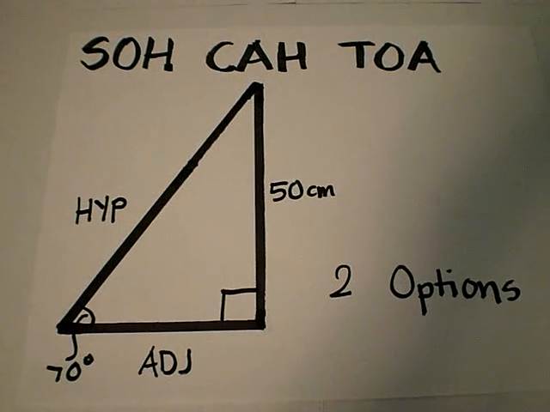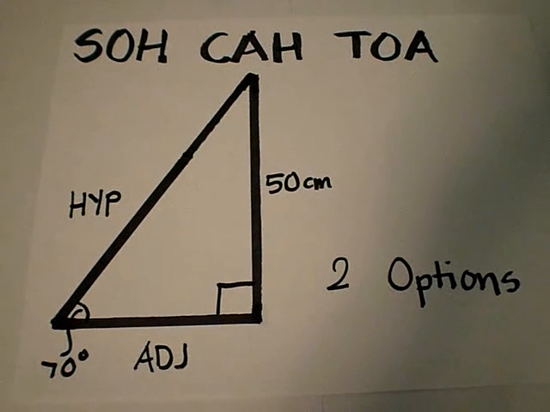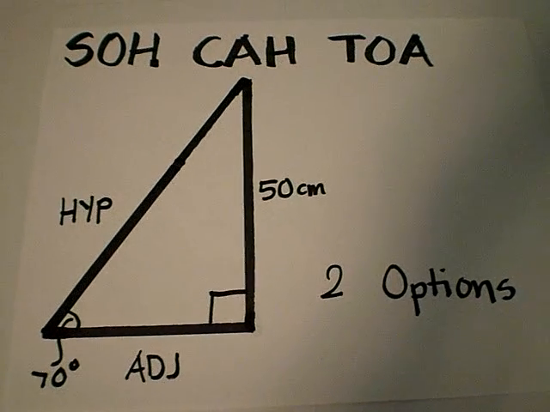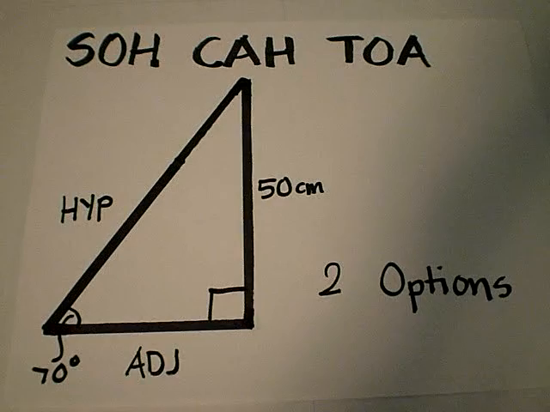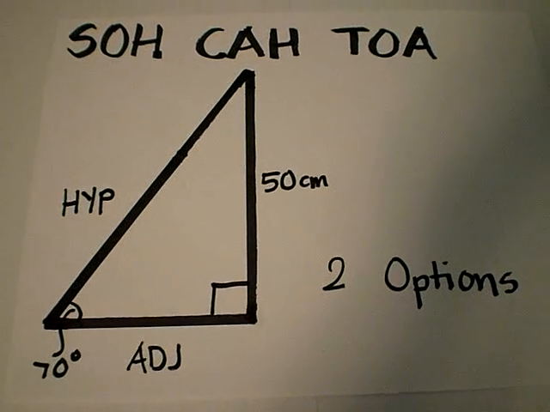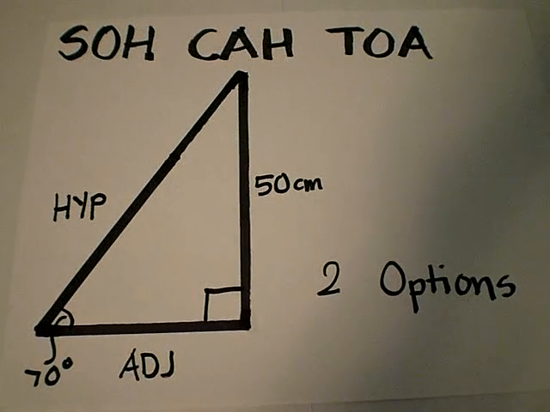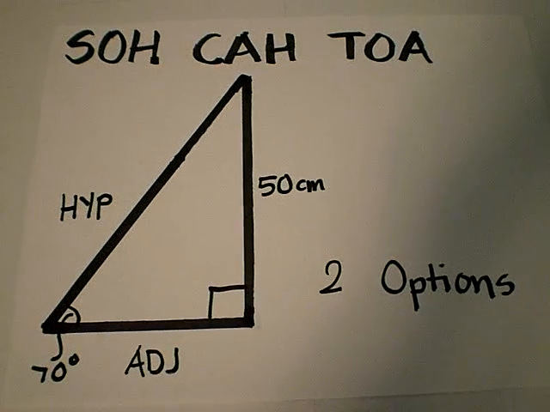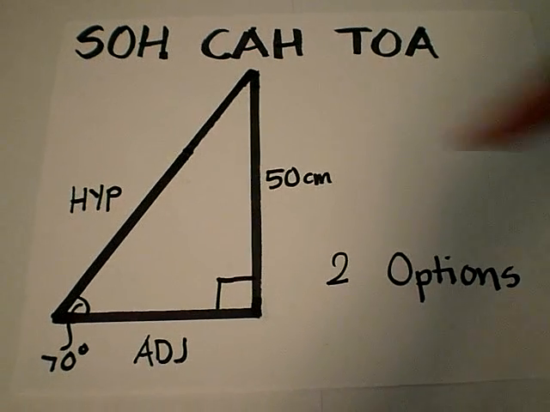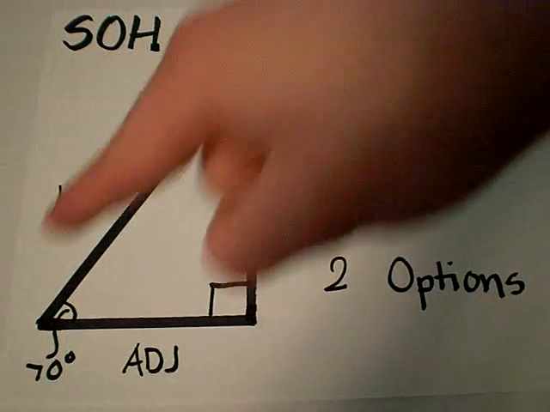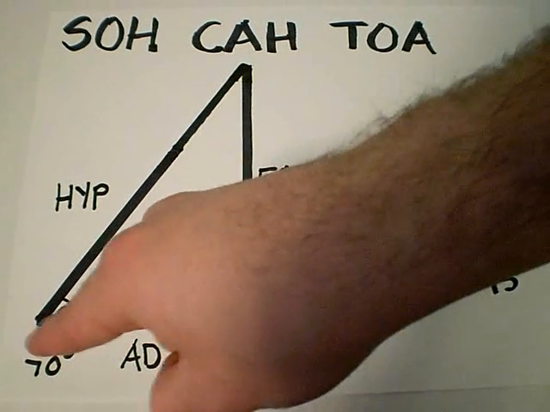The next step is determining which trigonometric ratio to use and why we're using it. Below, we will look at a few examples to help you understand which ratio to use. In this diagram, we observe theta, but this time it is 70 degrees.